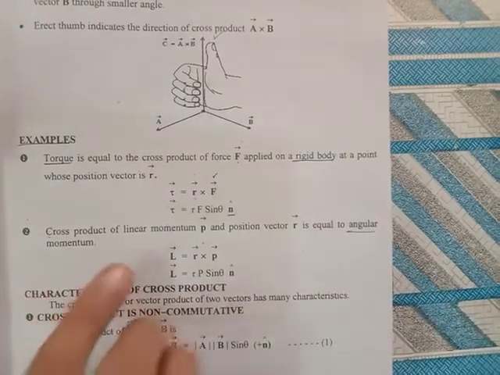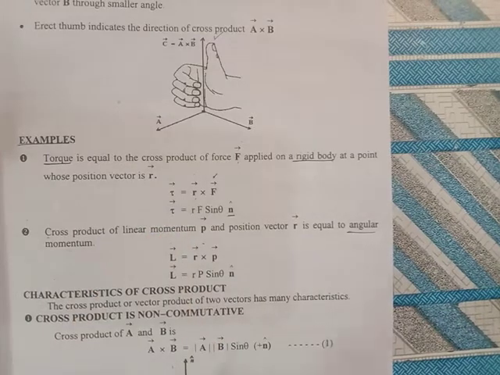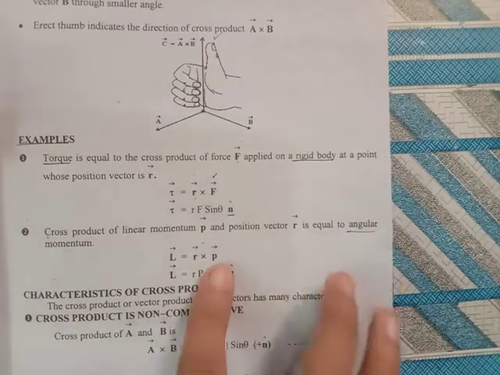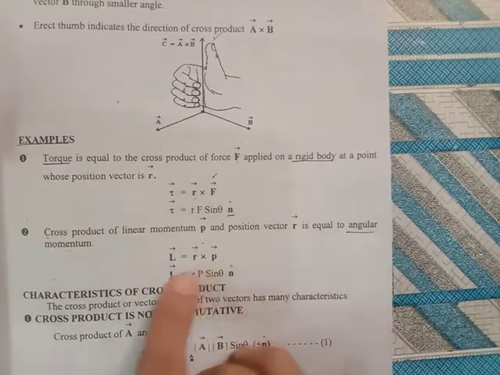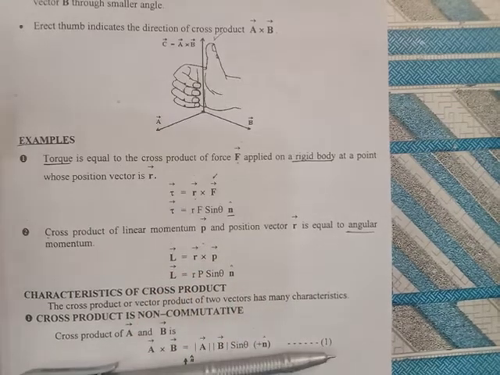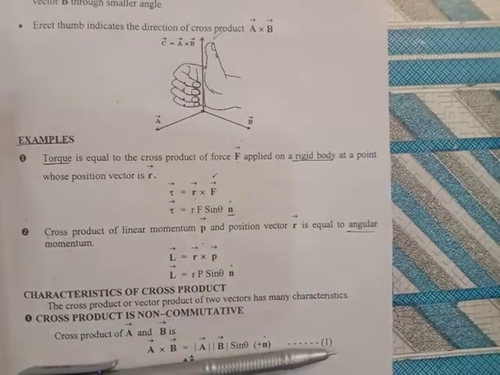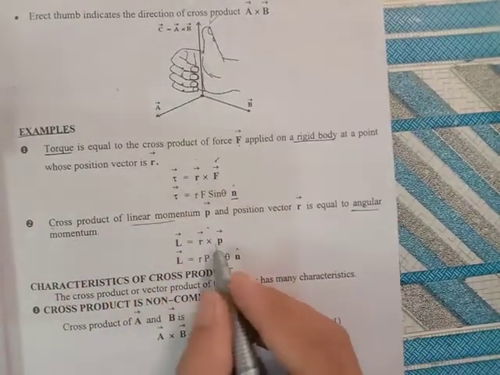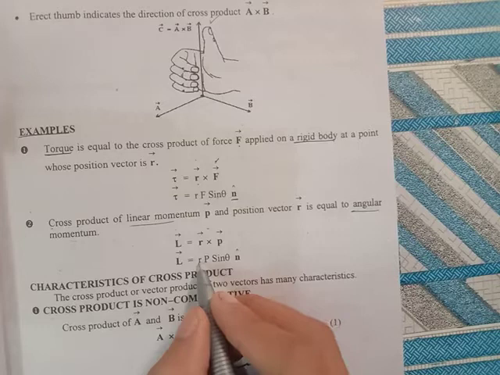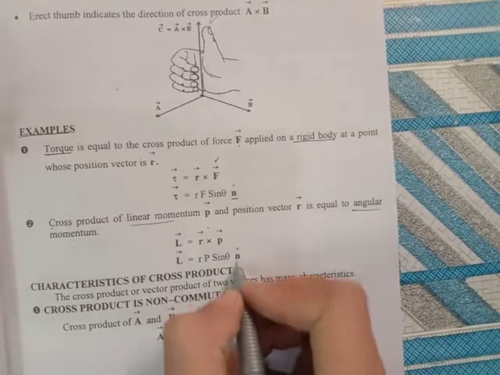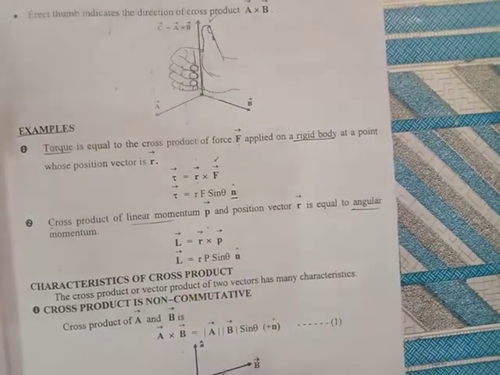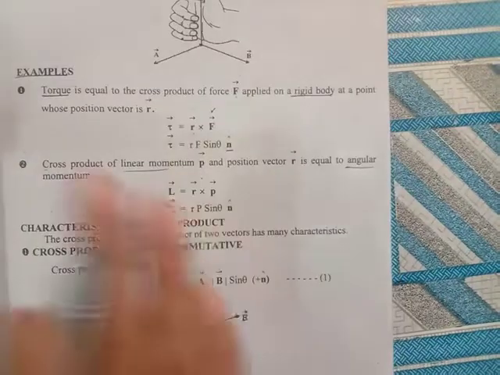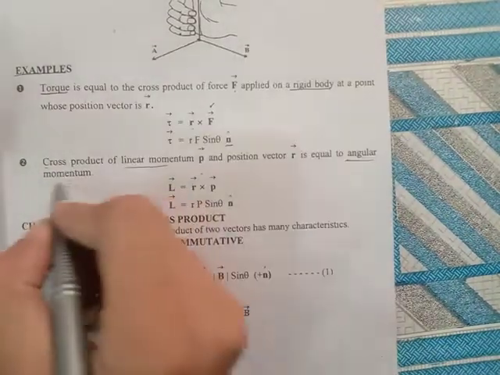The cross product of the position vector R and the linear momentum P is equal to the angular momentum. Simply, L is equal to R cross P, where R is the position vector and P is the linear momentum, which is m v. R P sine of theta and the unit vector show the direction of the vector. So these are the two examples, torque and angular momentum.